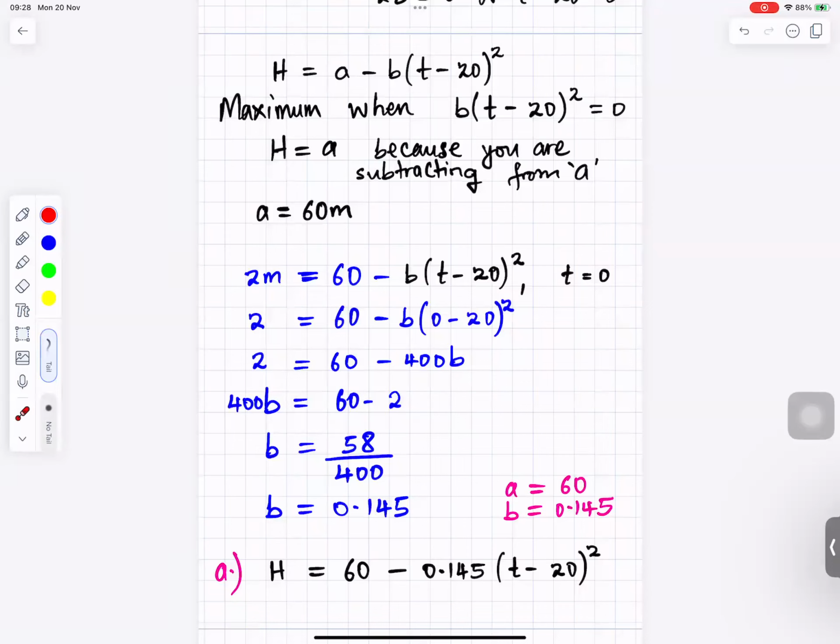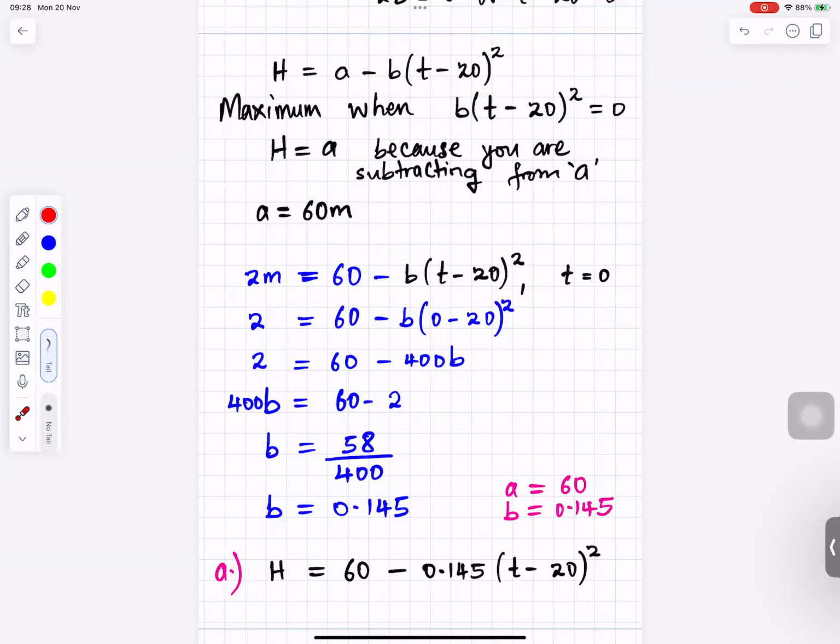For this thing to be at the maximum, this part where we have minus b bracket t minus 20 has to be 0. Because whatever we have for A is 60 meters. We don't want to remove anything from the 60 meters. We already have 60 meters. So for it to be a maximum, that means all of this has to be 0.